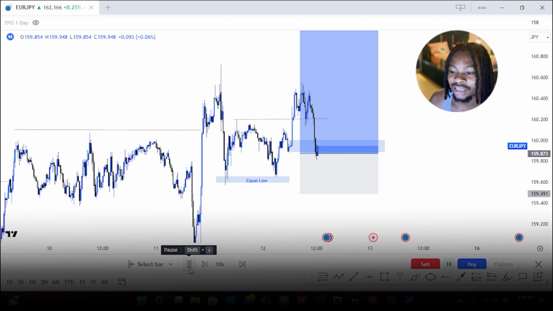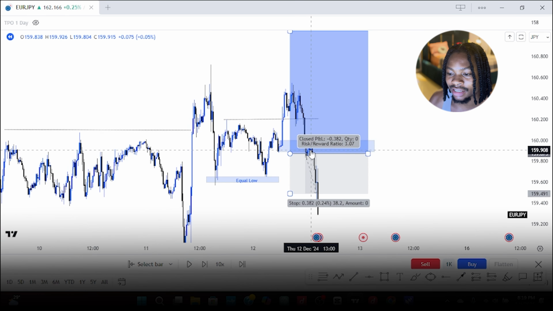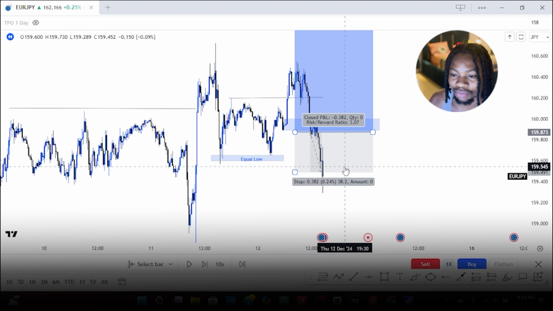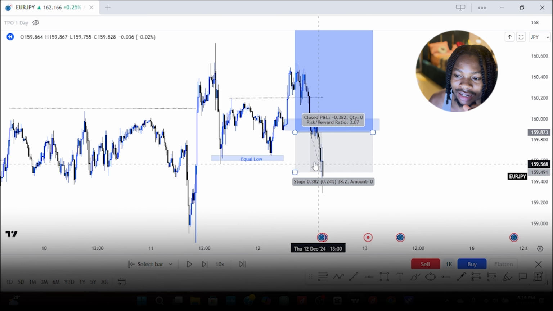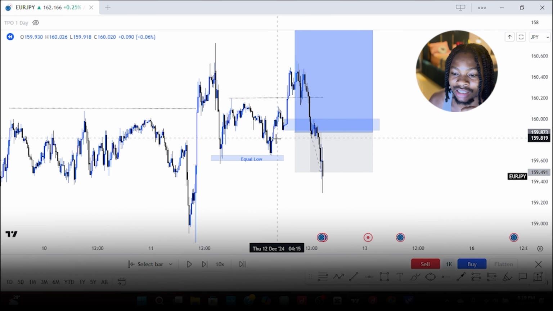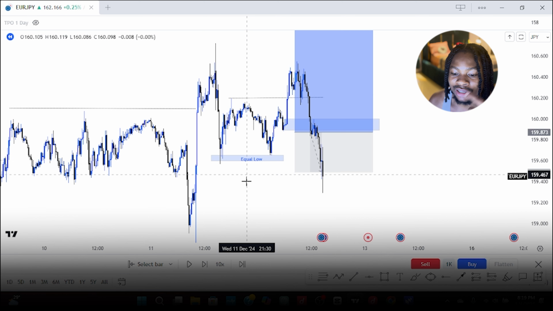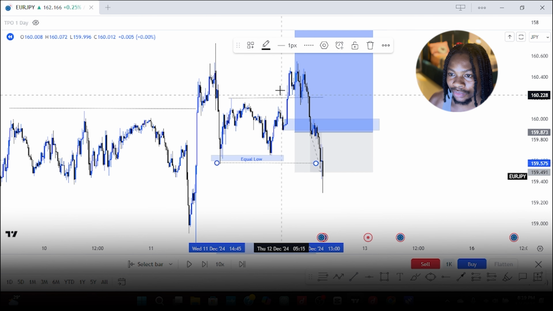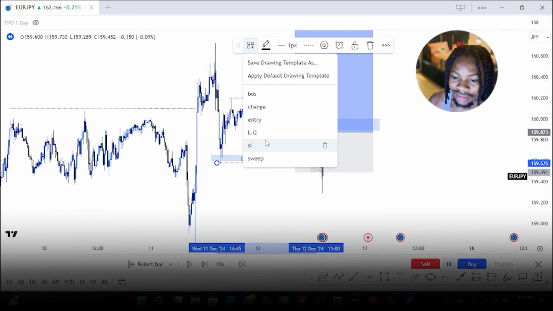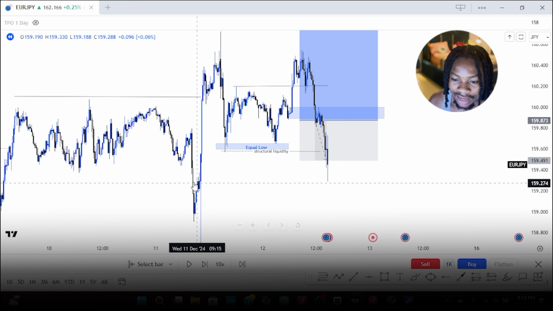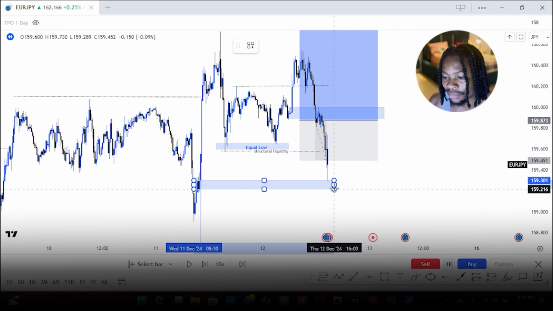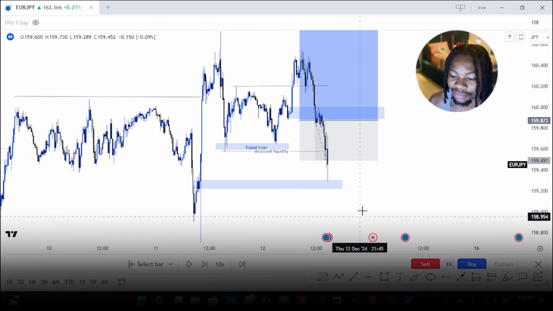The market initially looked nice right here, like you were right, and all of a sudden, boom, this happened. Why is that? We don't have a structural liquidity, so this low right here becomes the liquidity. The market took out this low as the structural liquidity, and then this other block right here becomes the entry.